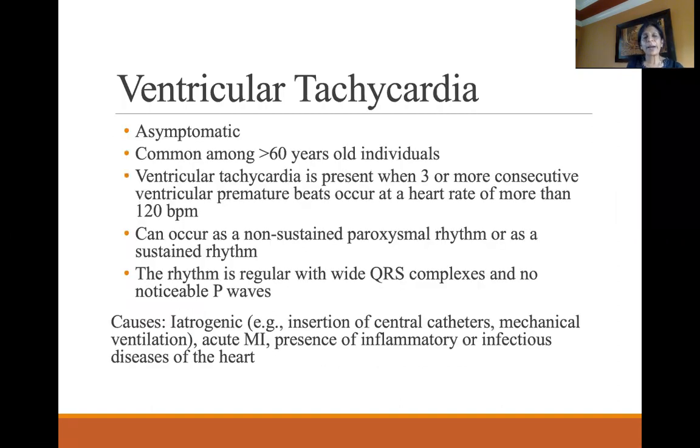Now ventricular tachycardia is where the heartbeat is faster than normal, often asymptomatic, and common among individuals over 60 years old. Ventricular tachycardia is present when 3 or more consecutive ventricular premature beats occur at a heart rate of more than 120 beats per minute.